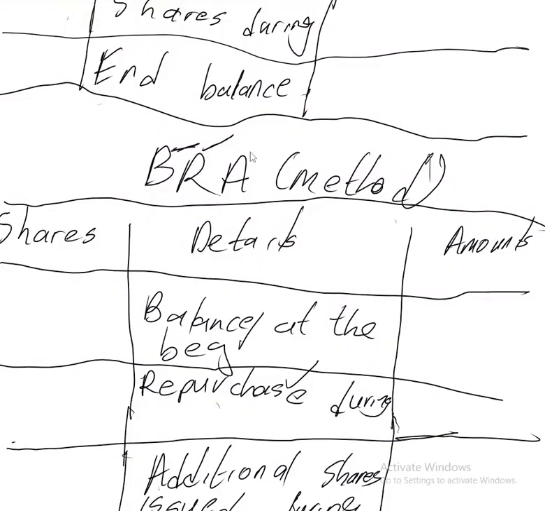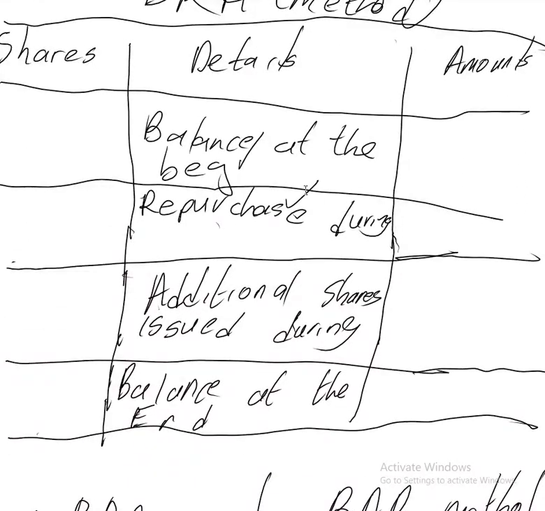So it's repurchase, and now we have the additional shares, which is the issued shares, right? So again, here's my structure. I have my shares on my left-hand side. I have my details in the middle. Then I have the amount in monetary value on the right-hand side, right? Balance at the beginning, we have the repurchase during, we have the additional shares during, and then last but not least, we have the balance at the end, right?